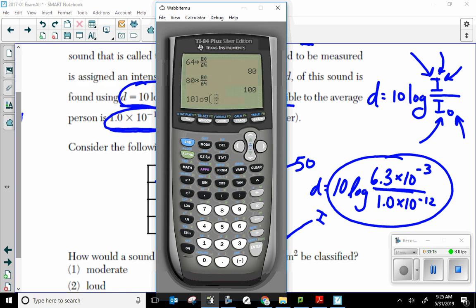I'm going to type it just like it is there: 6.3 times 10 raised to the negative 3, all over 1.0 times 10 raised to the negative 12. Pop out of here, parenthesize it. Bang. 97.99.